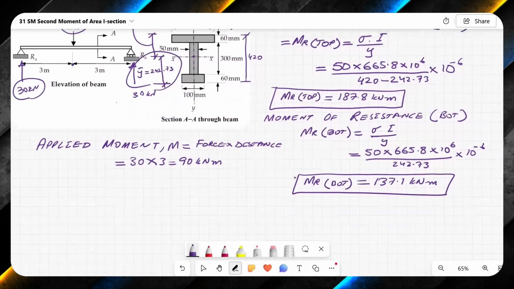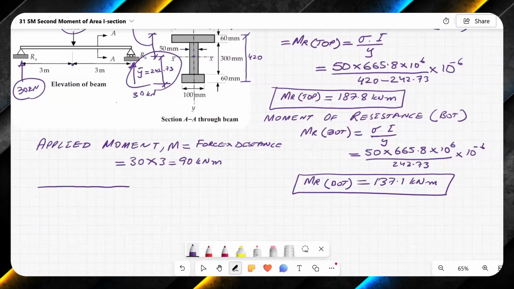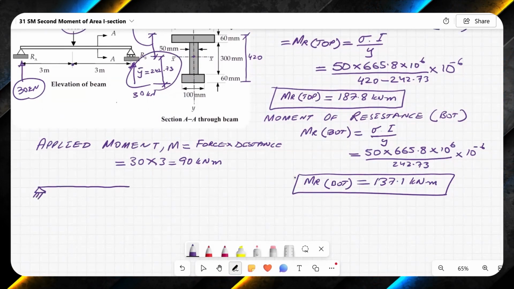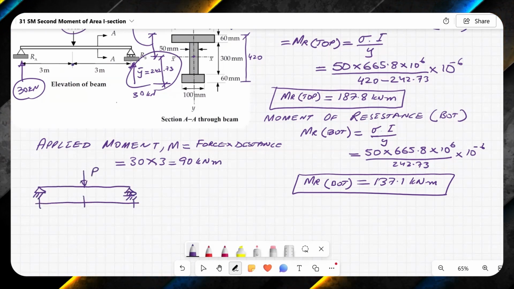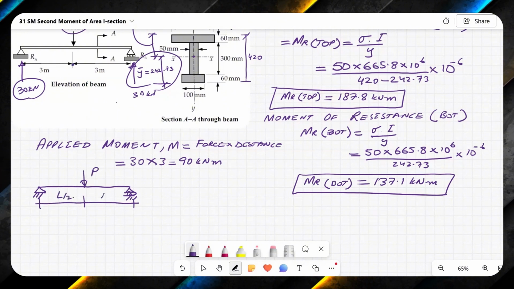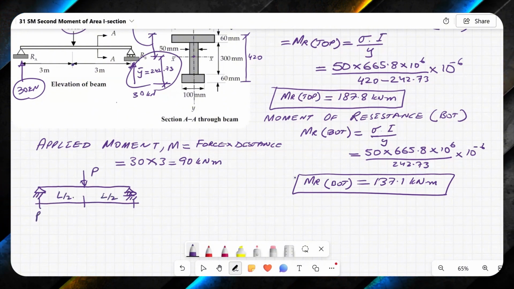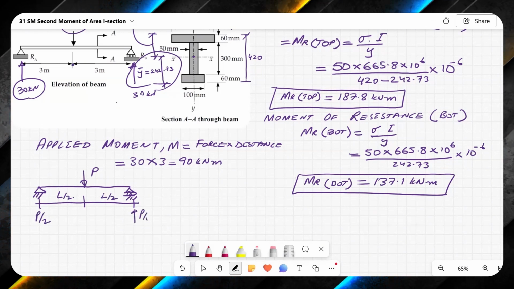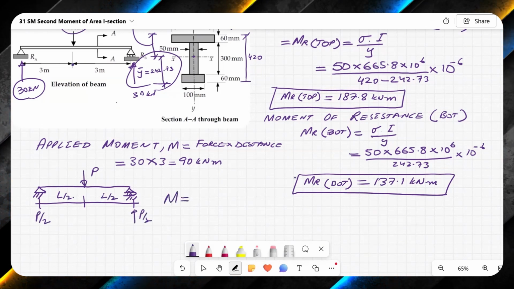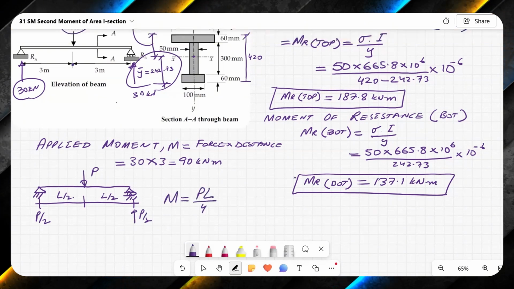Or if you wanted to use a direct formula when there is a central point load, it is this one. If you have P over here, and if this is L over 2, this is L over 2, this is P over 2, this is P over 2, moment is PL over 4.